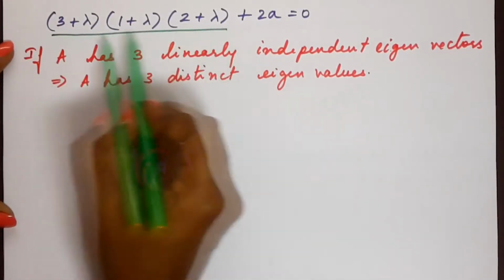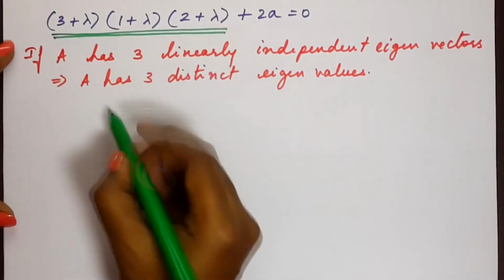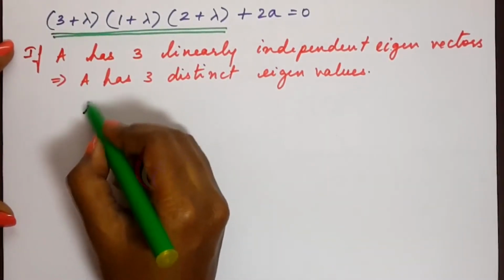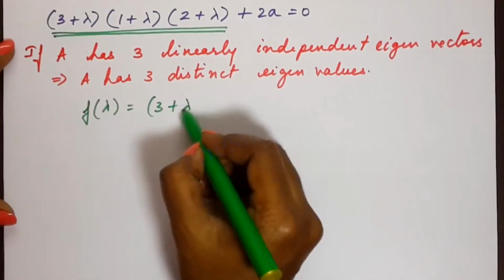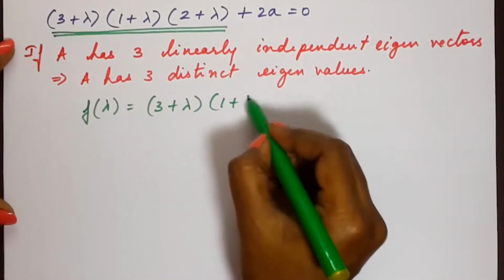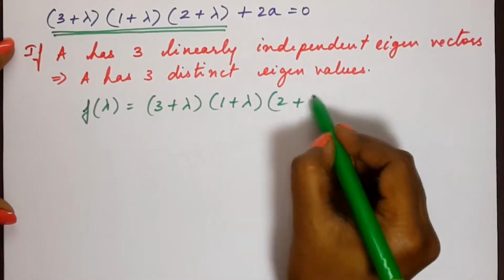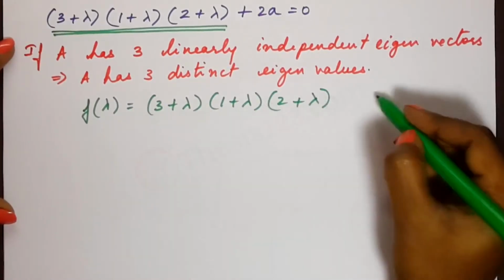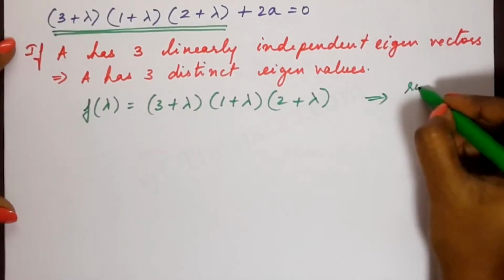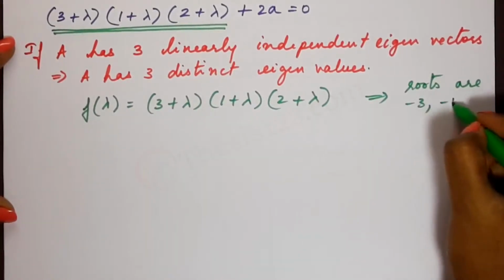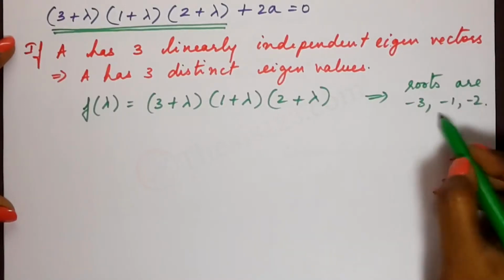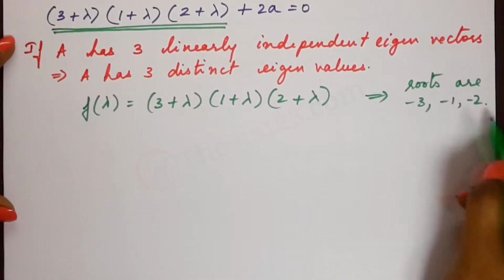Now let's consider just this portion here and take that as f of lambda is equal to (3 plus lambda)(1 plus lambda)(2 plus lambda). In this equation, the roots are -3, -1 and -2. Just keep that in mind.